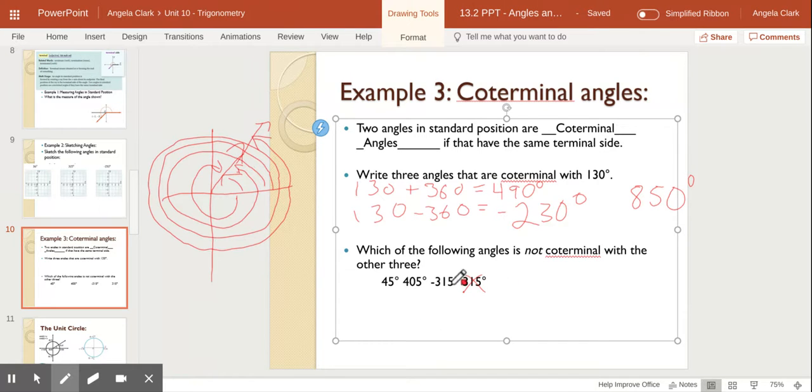Another giveaway is the only angle where the positive and negative of the same number of degrees is coterminal is 180, and 360.